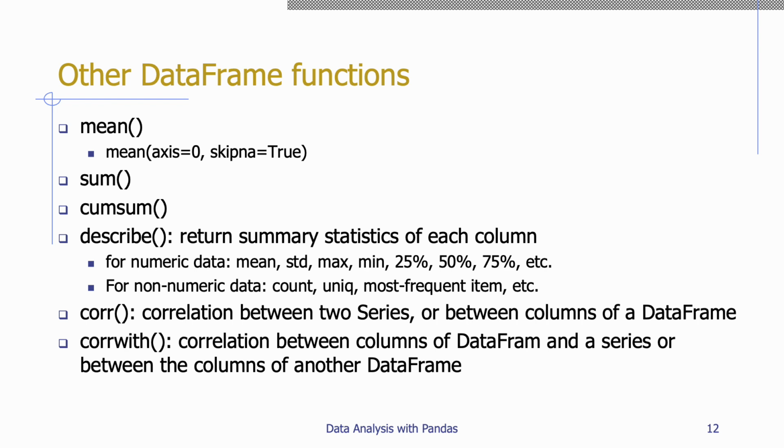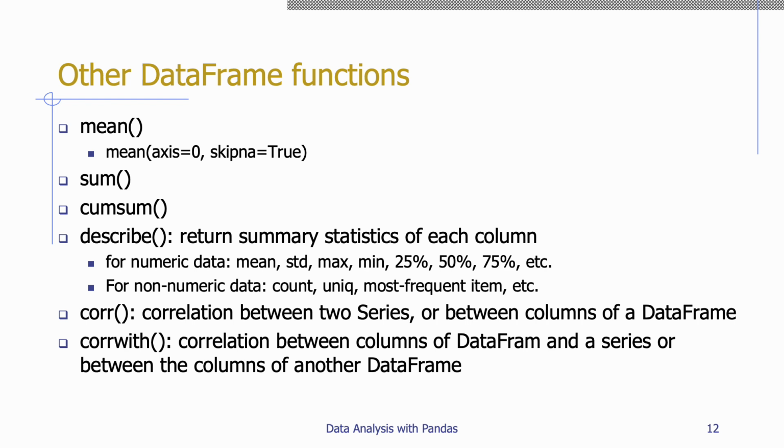The output will vary depending on what is provided. For numeric data, it returns mean, standard deviation, max, min, 25th percentile, 50th percentile, 75th percentile, and so on. For non-numeric data, it returns count, unique, or the most frequent item, etc.